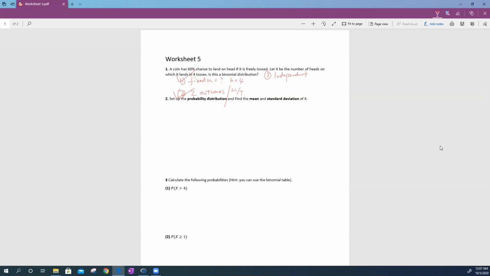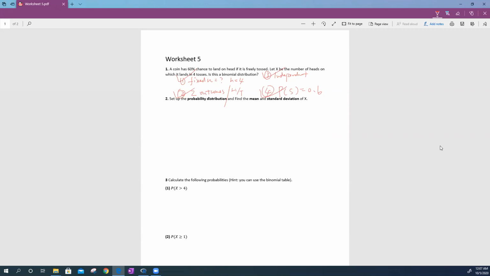The first one and second one, no influence, so independent verified. 4, probability of success remain the same. A coin has 60% chance, so that's 0.6, and it is remain the same. And yes, it's a binomial distribution.